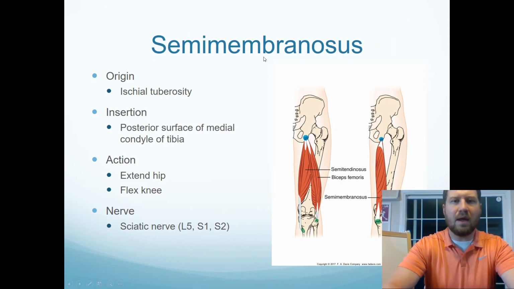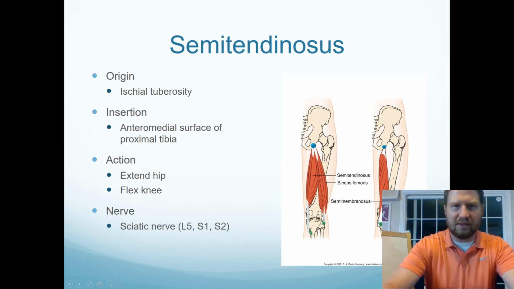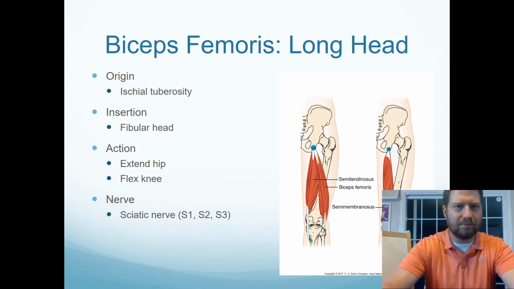Our semimembranosus lies deeper to the semitendinosus, and it has a more proximal insertion site. The semitendinosus lies on top, and it has a more distal insertion site. Both of them are two joint muscles that are going to provide hip extension and also knee flexion, depending on what else is stabilized.